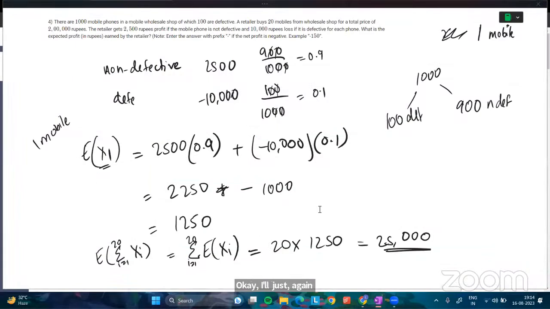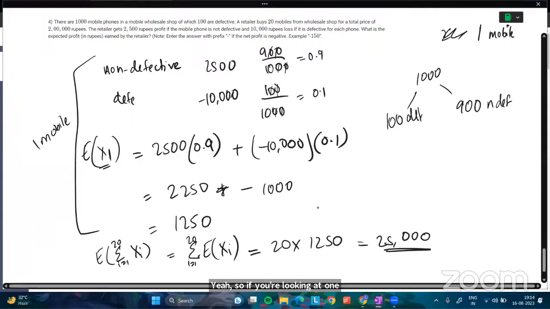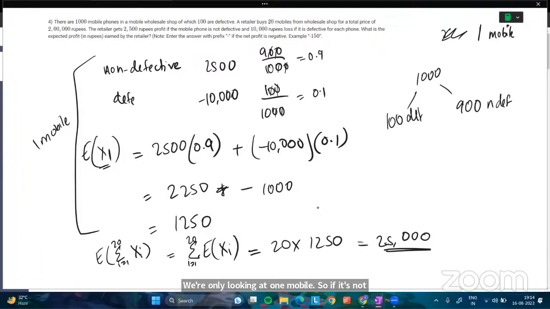Okay. Yeah, so if we're looking at one mobile, from here to here, we're only looking at one mobile. So if it's non-defective, we'll get a profit of 2,500. And if it's defective, it'll be a loss of 10,000. And this is the probability. So if it's only one mobile, we know that from the 1,000, 100 are defective and 900 are not defective.